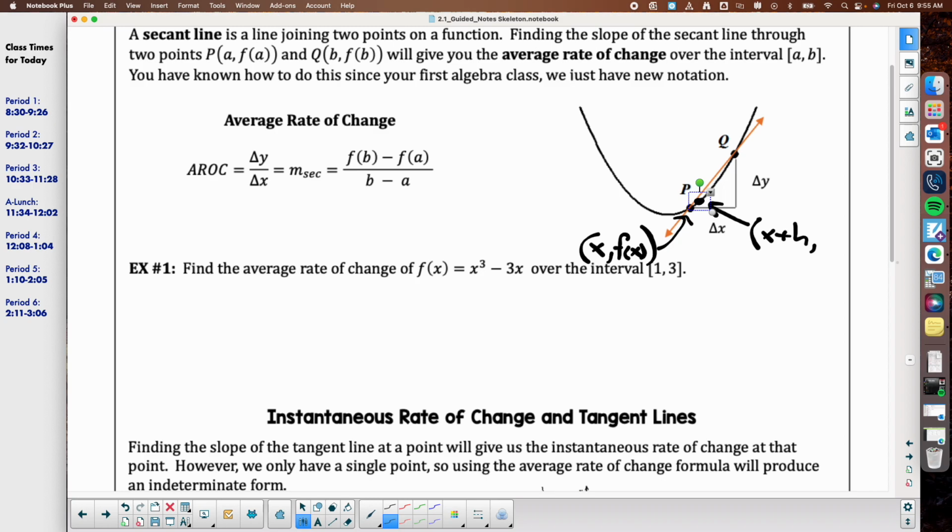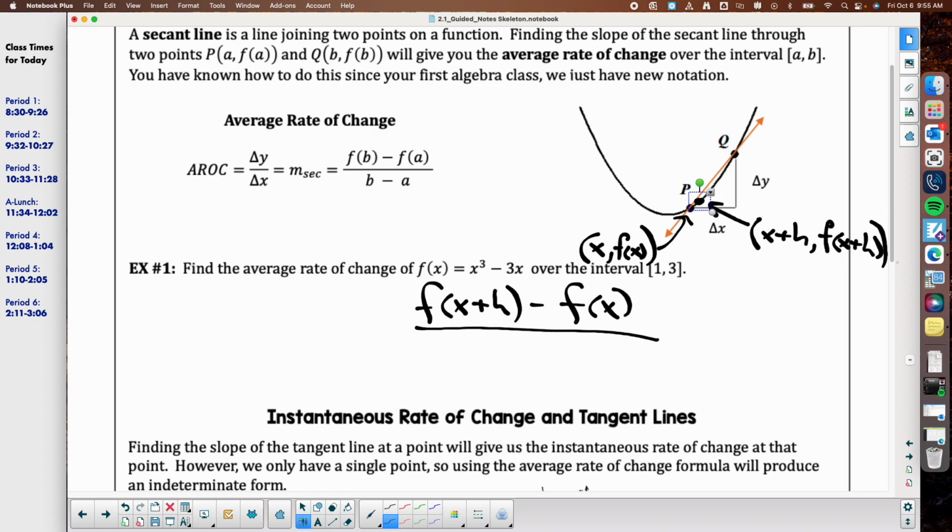And then the height of this point is going to be f of x plus h. And I'm assuming this looks familiar to you because I know they had you work with this a little bit in pre-calc. If I were to find the slope between these 2 points, it would be f of x plus h minus f of x over x plus h minus x.